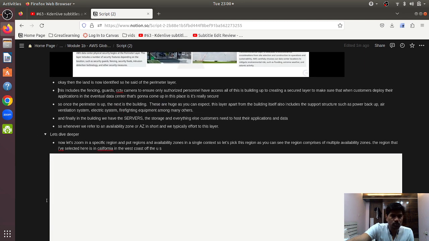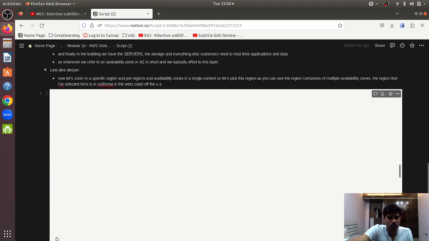Now let's zoom in to a specific region and put region and availability zone into a single context. Let's pick this region. As you can see, a region comprises multiple availability zones.